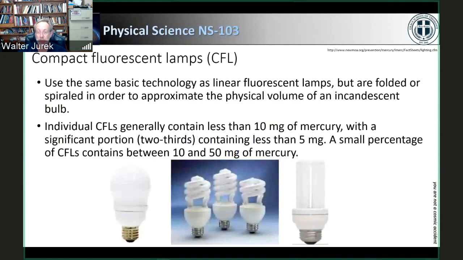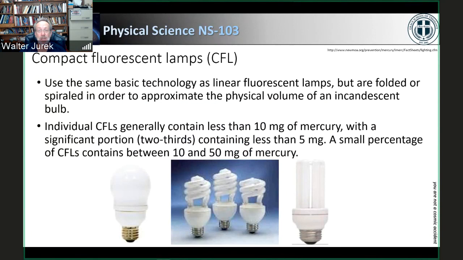And more recently, we've started replacing our old-fashioned, thank you to Thomas Edison, incandescent light bulbs with what are known as compact fluorescent lamps, CFLs. There's a few pictures here. Now, notice that an individual light bulb has less than 10 milligrams, so a little tiny bit, but it's still there.